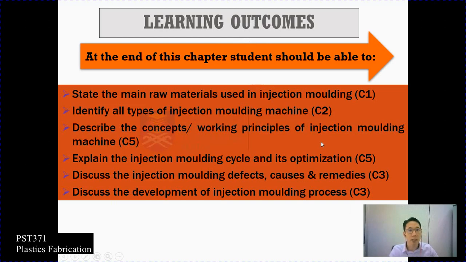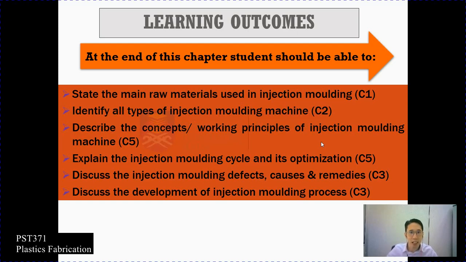The learning outcomes for this chapter are to state the main raw material used in injection molding, identify all types of injection molding machine, describe the concept and working principle of the injection molding machine, explain the injection molding cycle and optimization, discuss injection molding defects, causes and remedies, and finally discuss the developments of the injection molding process.